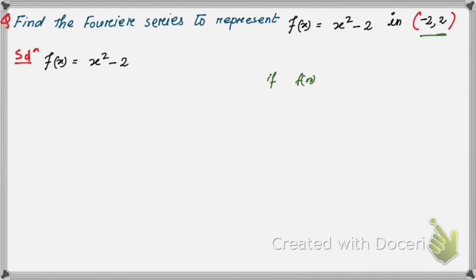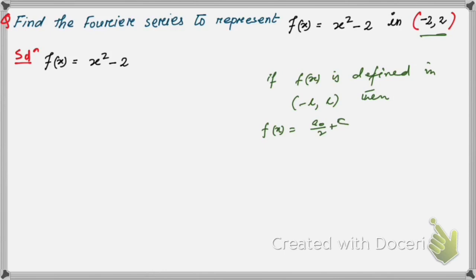If the function f of x is defined in minus l to plus l, then the Fourier series will be as usual f of x is equal to a naught by 2 plus summation from n is equal to 1 to infinity, a n cos n pi x by l plus bn sine n pi x by l.